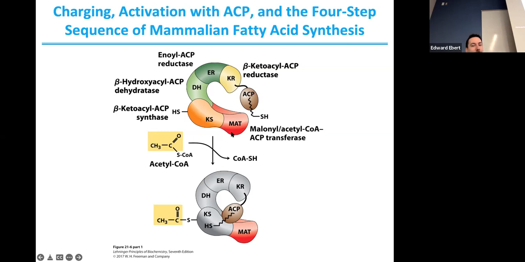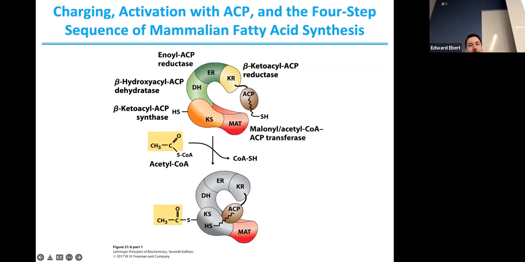But we have our different regions for our initial setup and our 4 different reactions: condensation, reduction, dehydration, and second reduction. And that's a process I'm absolutely going to ask about for fatty acid synthase. What are the reactions that occur in there?